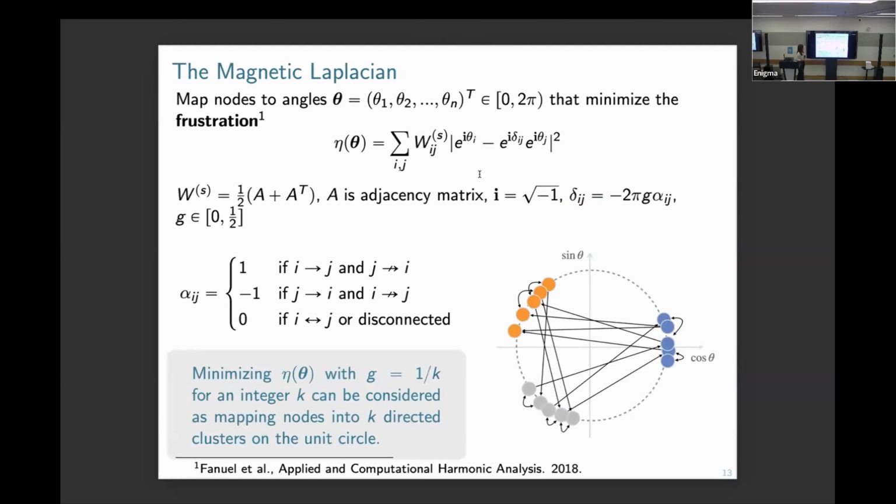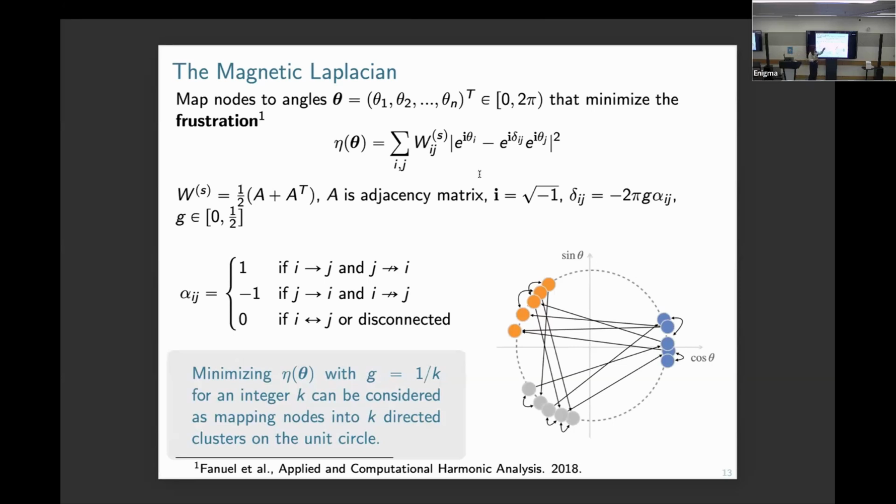Okay, so I'll first give you a definition of the magnetic Laplacian. We're interested in mapping the nodes onto a unit circle, or assigning them a phase angle lying between 0 and 2 pi, such that we minimize this objective function eta. Here W^s is a symmetrized version of the directed adjacency matrix.